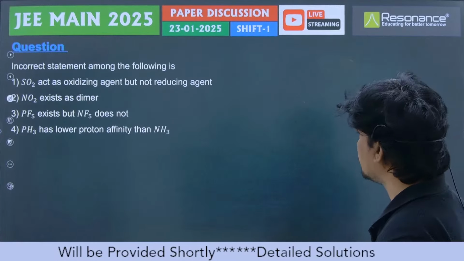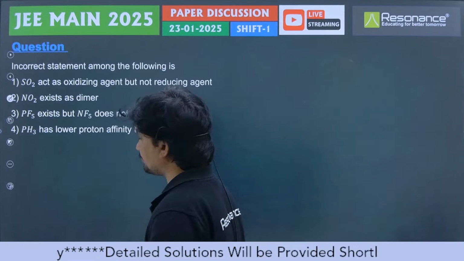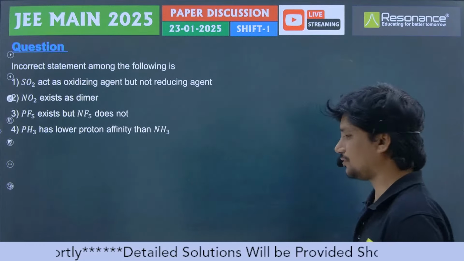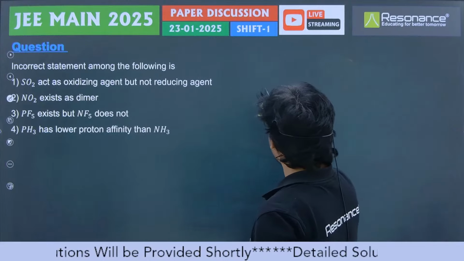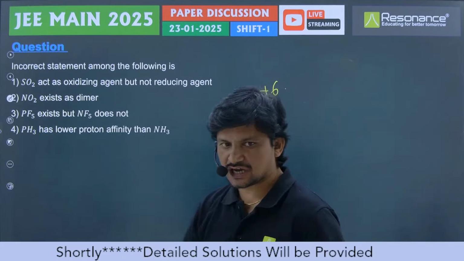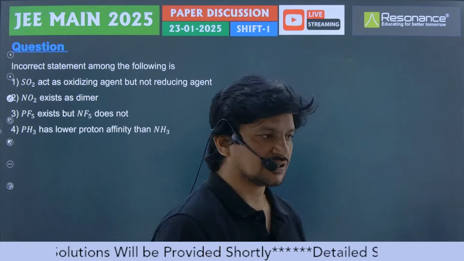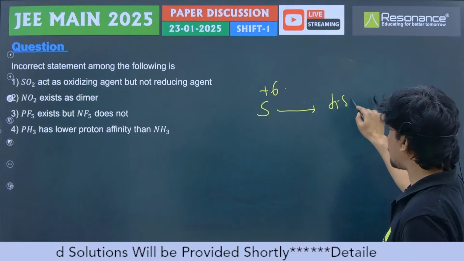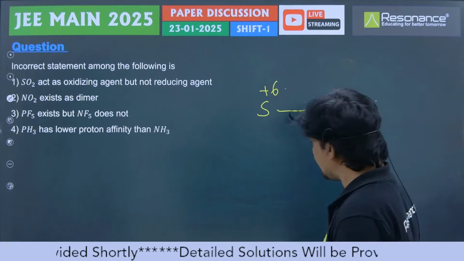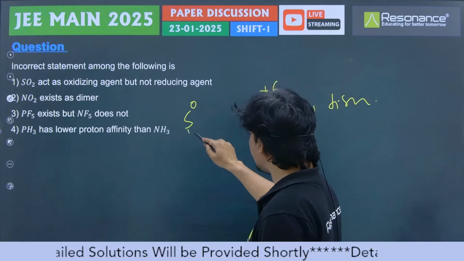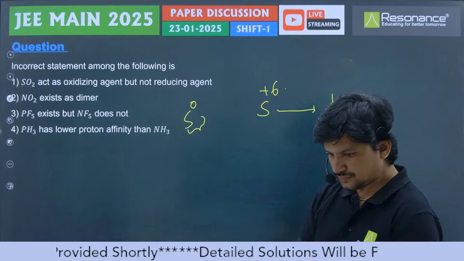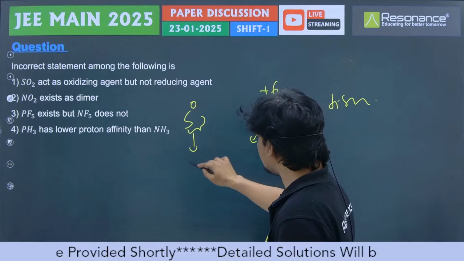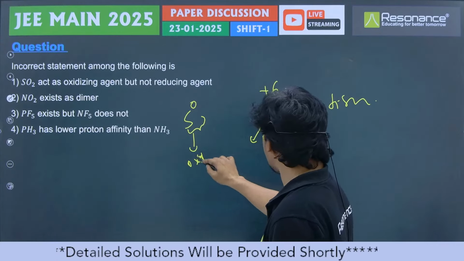Okay, right. Incorrect statement among the following: SO2 acts as the oxidizing agent but not the reducing agent. No. Sulfur, what is the maximum oxidation state of sulfur? The maximum oxidation state of sulfur is +6. In the maximum oxidation state, it does not undergo disproportionation. In the minimum oxidation state also, it does not undergo reduction.